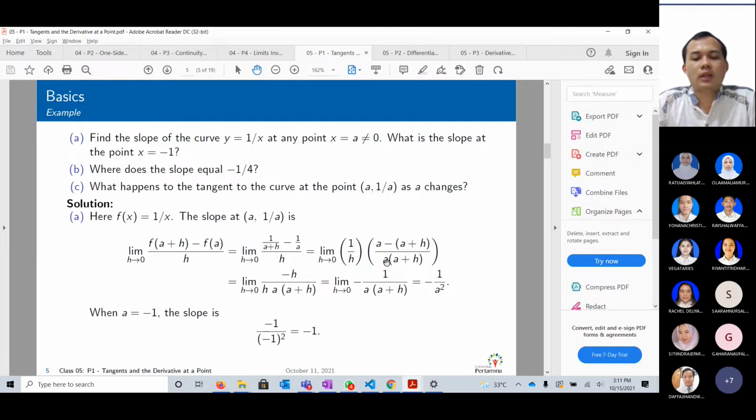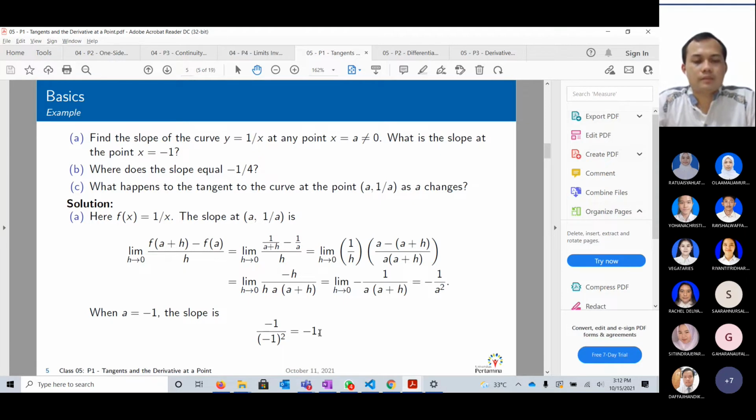So, jadi kita melakukan manipulasi sedemikian rupa sehingga karena di sini penyebutnya adalah 0, kalau kita langsung masukkan h sama dengan 0, maka kita perlu lakukan manipulasi sampai kita bisa coret h, sampai kita bisa dapat sesuatu yang bisa kita hitung limitnya. Seperti ini. So, we get that the slope at any point except x equal to 0 is minus 1 over a squared. Then, when a is equal to minus 1, the slope is minus 1.